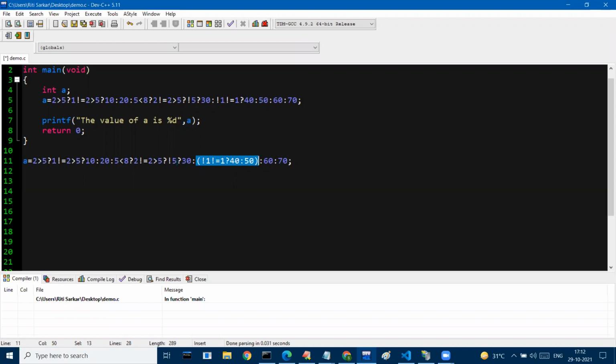I'm moving from here, and suddenly one question mark is coming. Before that, this is my expression 1. So for this conditional operator, this is expression 1, 30 is expression 2, and the entire bracketized part is expression 3. I can put them in the bracket.